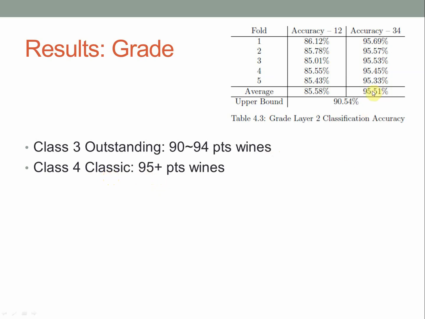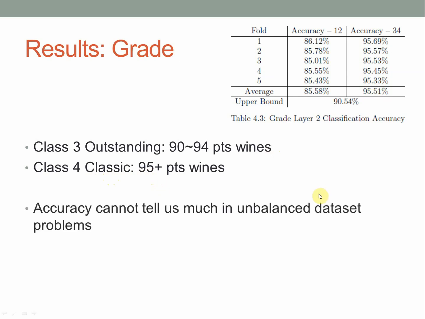Although the prediction accuracy is as high as 95%, it is actually misleading. Why is that? Because the data set is highly imbalanced. It is about 1 to 20. The 95 plus y's make up less than 5% of the data set. So what this classifier is doing is simply predicting everything as outstanding.